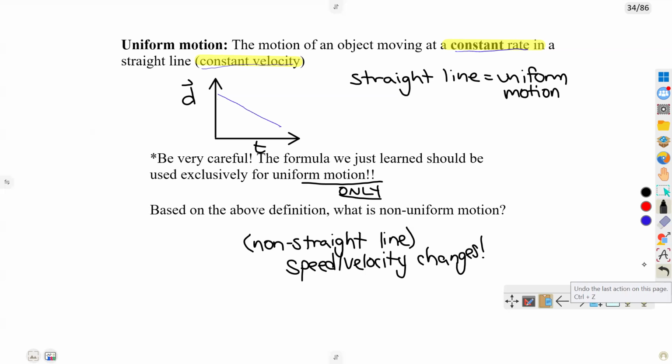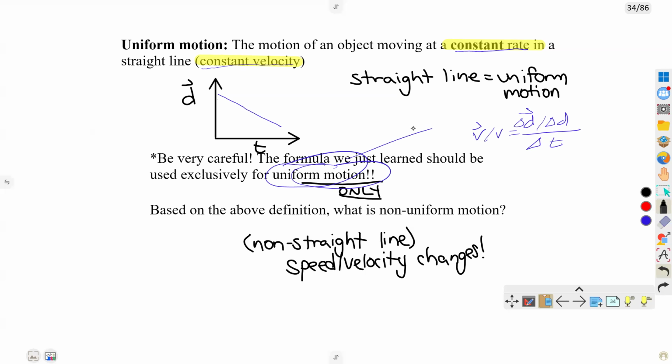So now the formulas that we were using before, where we were looking at the velocity or speed equals either the change in position or the change in distance over a change in time, that was only for uniform motion. Okay.